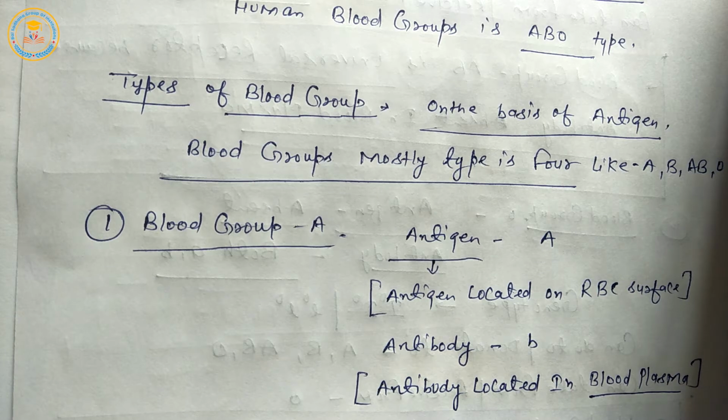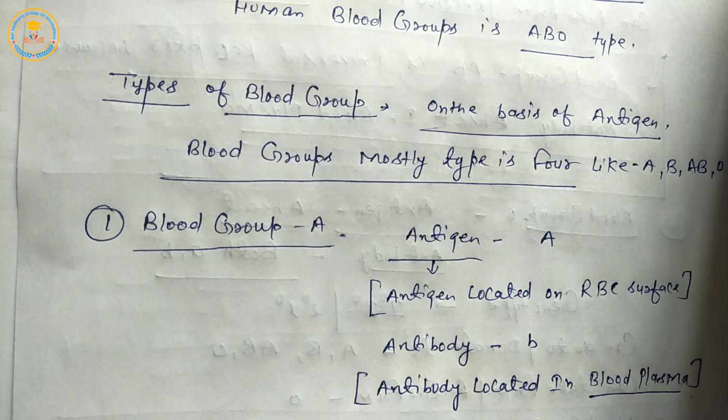For example, blood group A has antigen A, and some other antigens like B, RH. So we say humans have three antigens: antigen A, antigen B, and RH antigen.